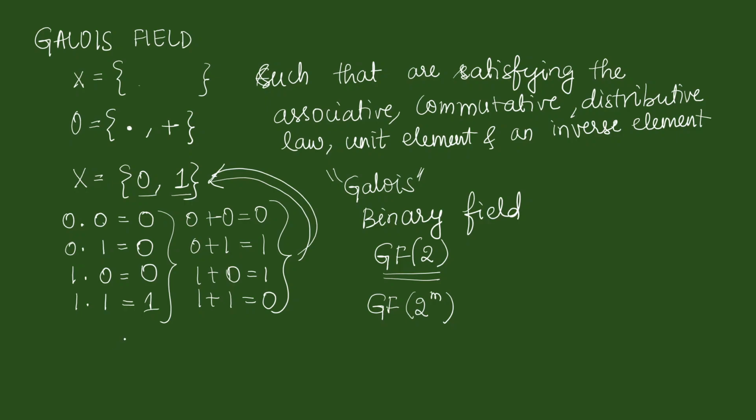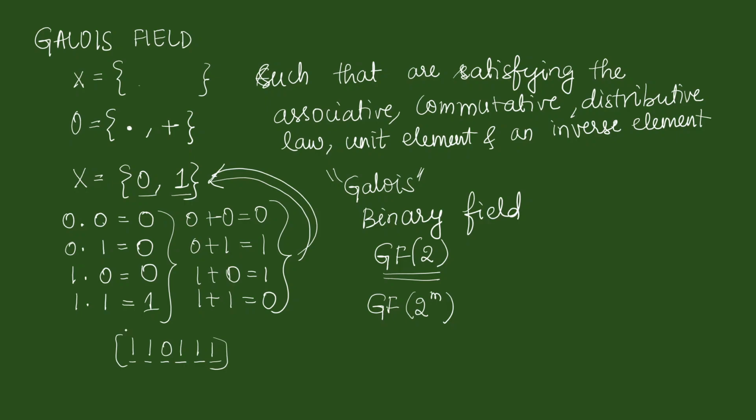So what is this GF of 2 raised to m? We know that we have been addressing all our bit streams, which is somewhat like this. I assume it is 1 1 0 1 1 1. I can represent this in a polynomial. The simple time representation is 1 1 0 1 1 1.